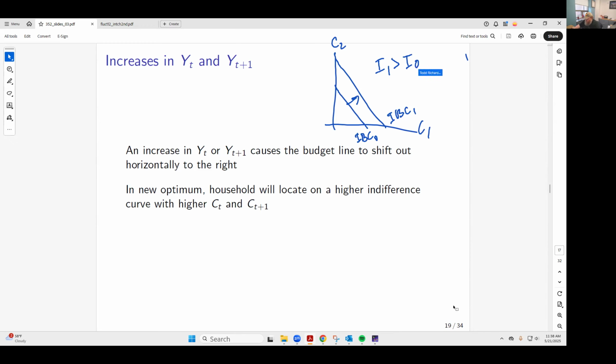This increases the size of the choice set, and our expectation is that people will consume more in both the current and future time periods. Because we're thinking about income in terms of your lifetime budget constraint, any increase in current or future income is going to increase consumption. That's pretty straightforward, and I don't think anybody would be too confused about that.